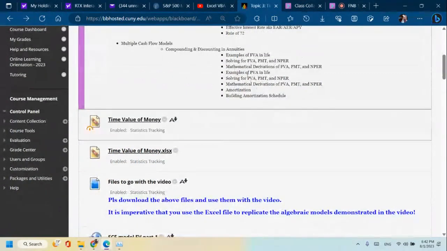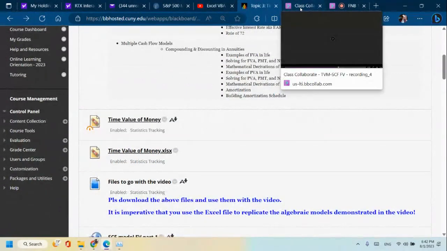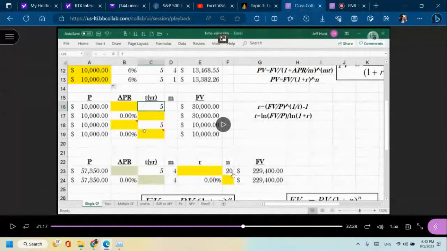And another thing, when I'm demonstrating it in the video, if possible, I want you to do it on your computer as well. But the problem is, you have only one computer.